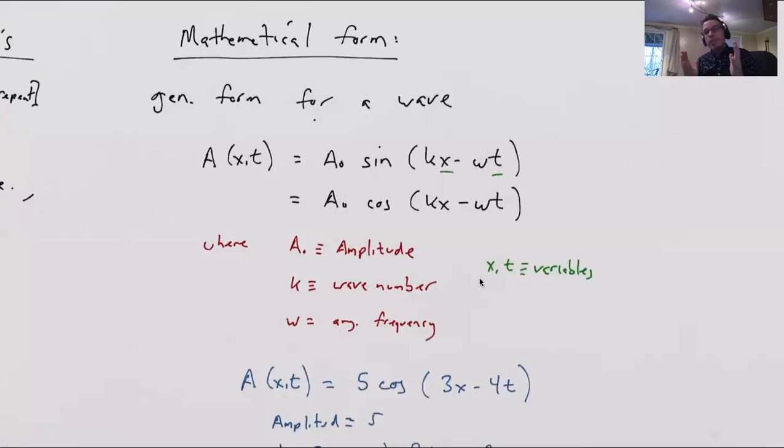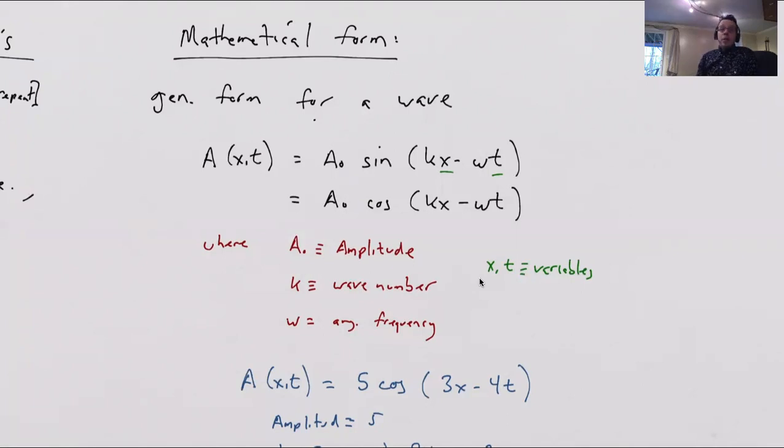Some number times some trig function, and inside that trig function, you have some number times the x variable plus some number times the time variable. Now, that's what it means to be the form of a wave, so the trig function can either be a sine or a cosine. Let's find out then what each of those numbers has to be based on the definitions that we just laid out.